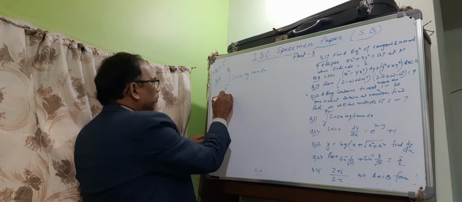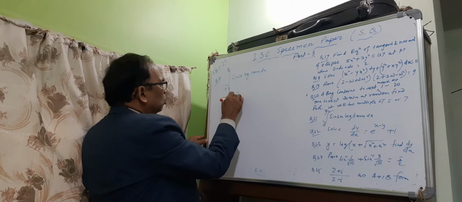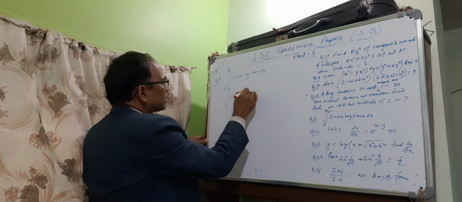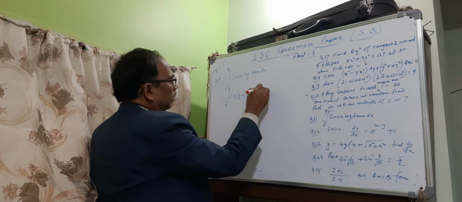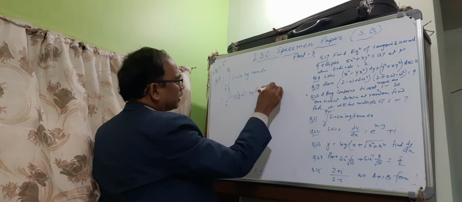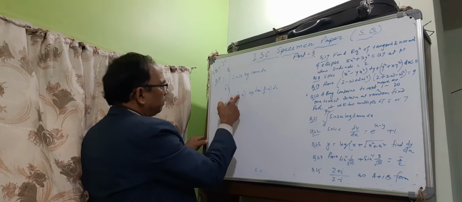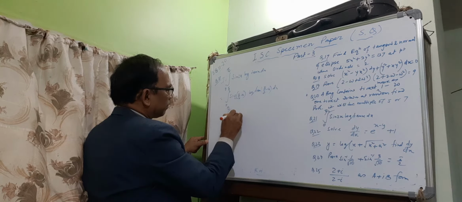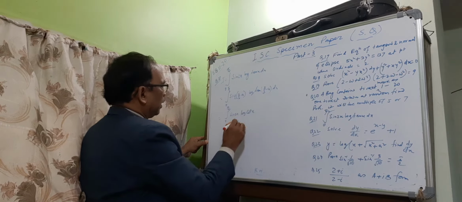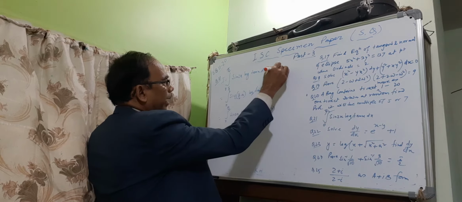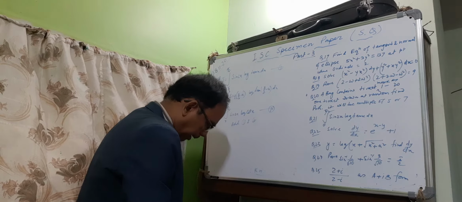Using the property, I equals integration from 0 to pi by 2 of sine 2 into (pi by 2 minus x) log of tan (pi by 2 minus x) dx, which equals the integral from 0 to pi by 2 of sine (pi minus 2x), that is sine 2x, and log of tan (pi by 2 minus x), which is cot x. This is equation 1, this is equation 2. Adding 1 and 2.